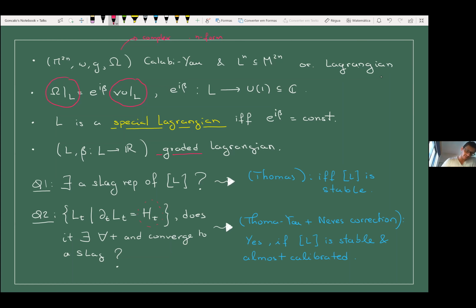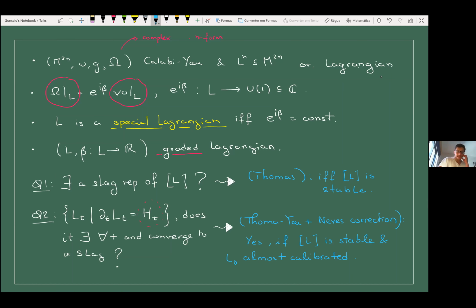The second is from Thomas and Yau, and it says that this Lagrangian mean curvature flow exists for all time and converges to a special Lagrangian if the Hamiltonian isotopic class of L is stable and the initial Lagrangian, L naught, is almost calibrated.